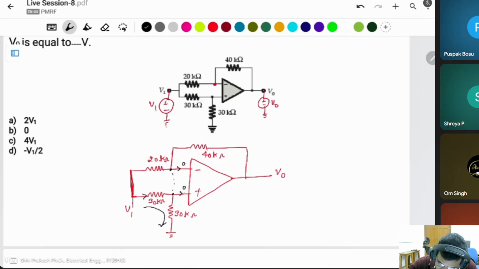I write this as VA, and the same voltage is also VA. What is VA in this case? Two same resistors are connected in series, then the voltage is half. So V1 by 2, and this is also V1. Then current flows through it like that, and divides into two parts.